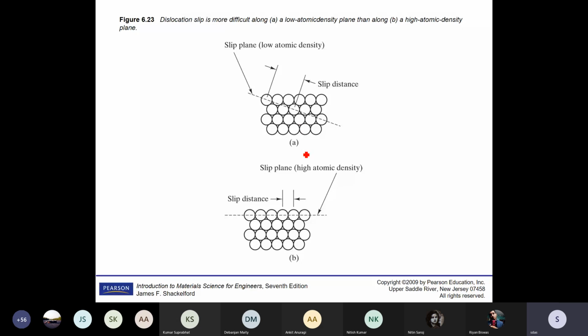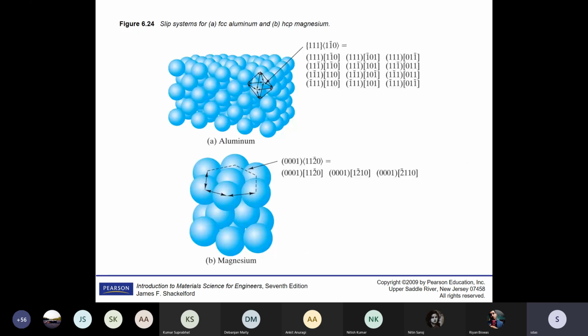So this is the 0001 plane of hexagonal close-packed, and this is the 111 plane of face-centered cubic. Same orientation. Look at it. A slip system, yesterday I mentioned that, is the number of distinguishable slip planes multiplied by the slip directions.